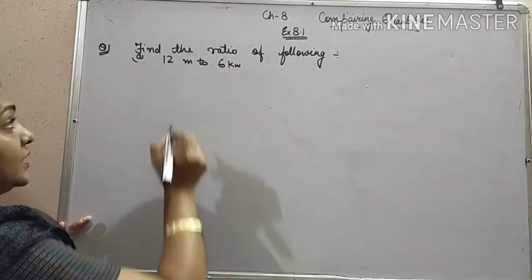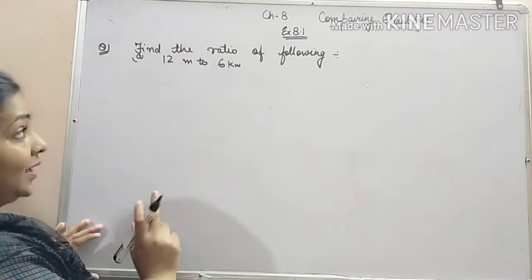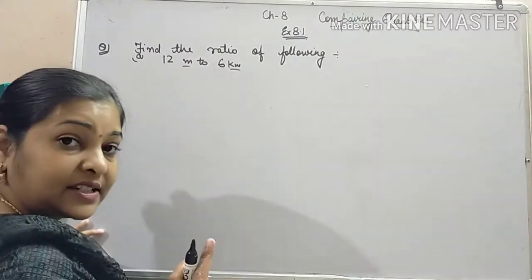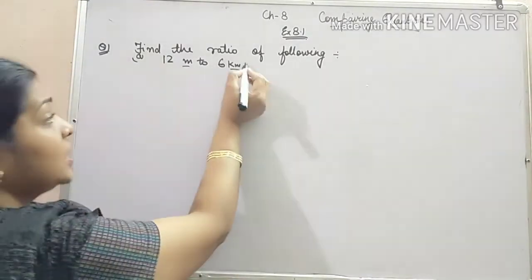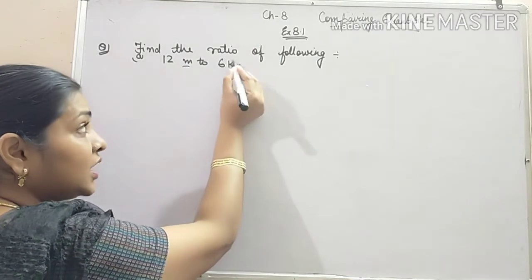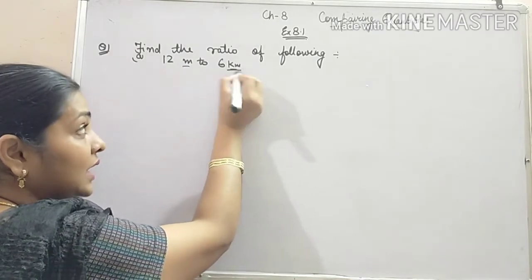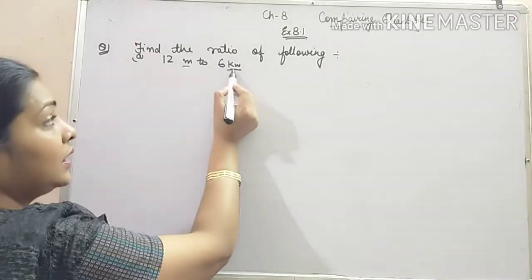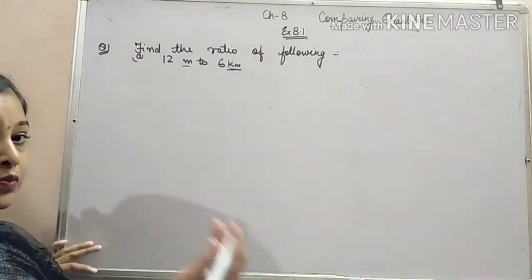See, dear students, whenever there are two quantities and their units are different, then the first step you have to do is to convert the larger unit into smaller unit.